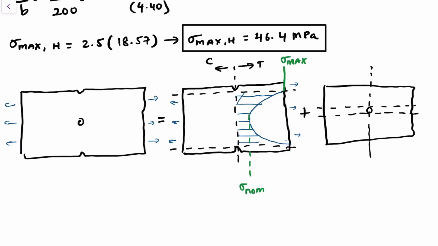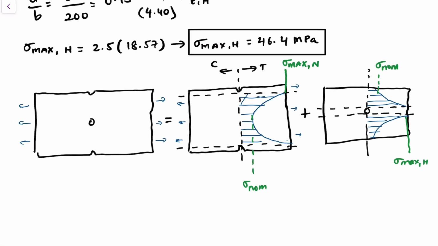And in this case, it would start off with some maximum value over here, some minimum value here, up to a maximum value as it approaches the hole. And again, this is our stress distribution, where this value here can be approximated to be sigma nominal, and this value here would be your sigma max. And this is for the hole, and this one here is for the notch.